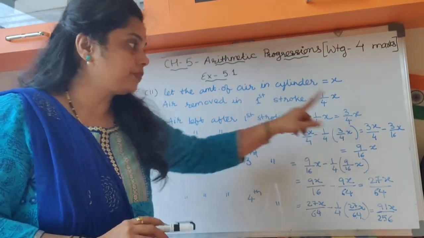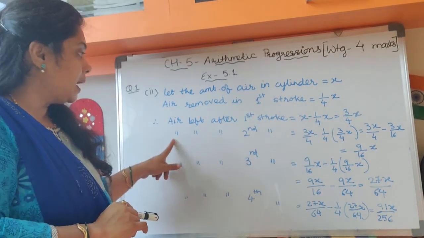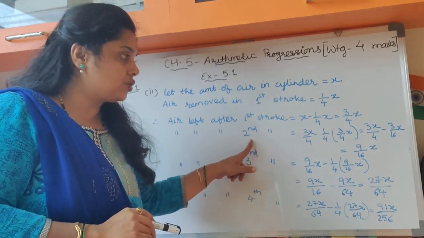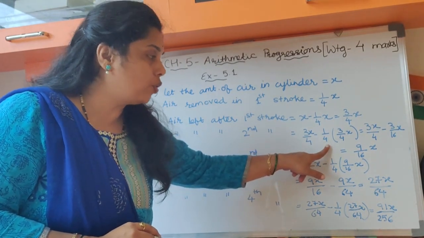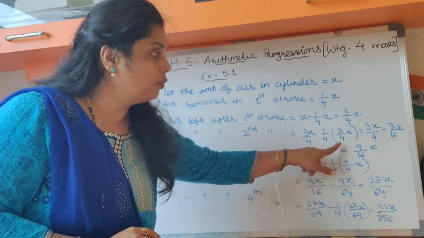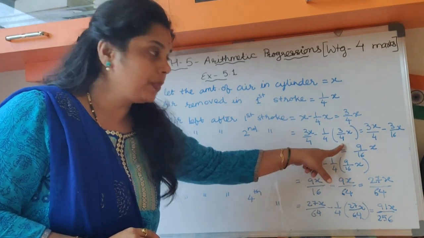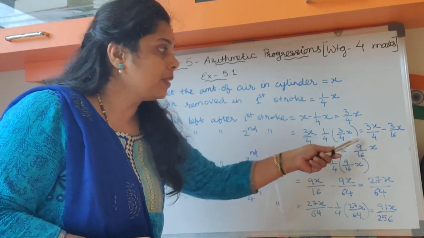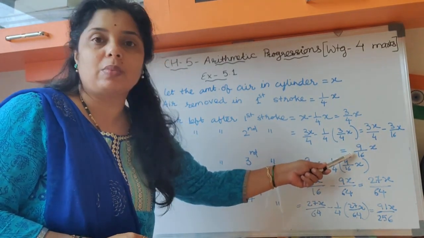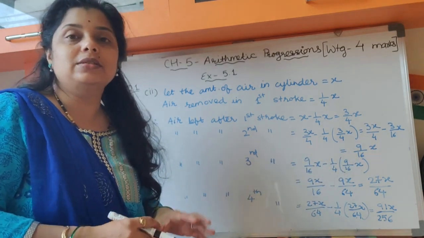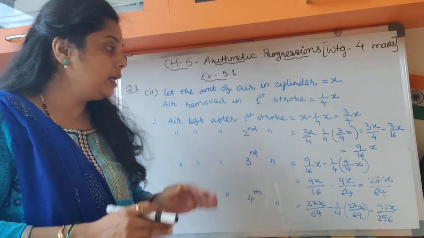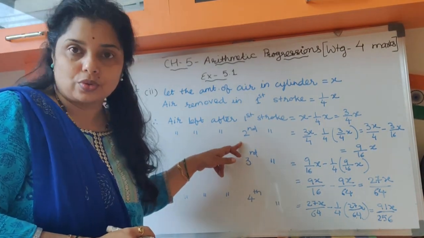Are you getting it? Please try to understand. Air left after the second stroke is 3/4x minus 1/4 of what is remaining, 3/4x. So after taking LCM we get 9/16x. Now 9/16x is the volume remaining after the second stroke.